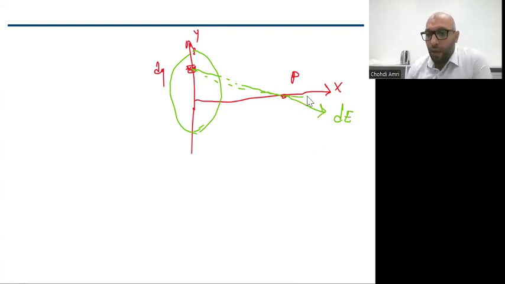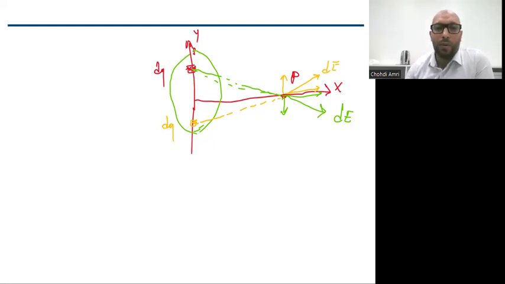You see that we have an x component and a y component of the E. At the same time, if we take a symmetric element of charge dq here on the other side, there is an electric field outward, dE. This dE has an x component along the positive x-axis and a y component.